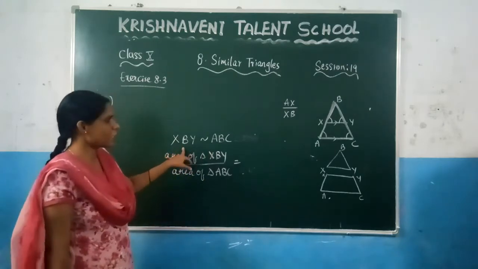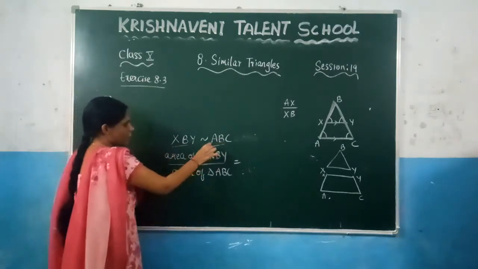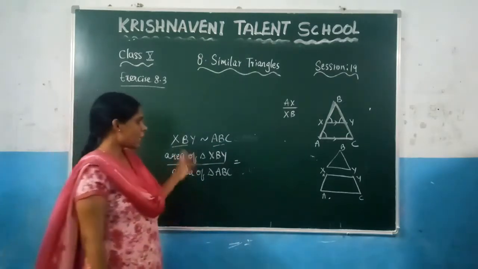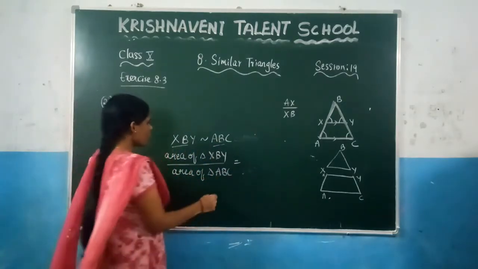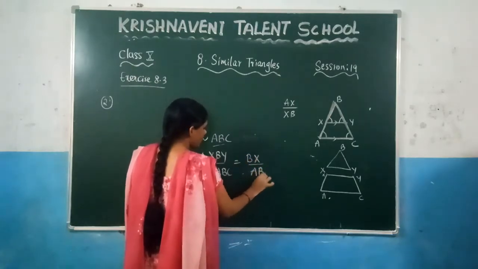So what is the corresponding side of BX, which is nothing but AB. You can take any side. I am taking this side. So you got it here, which is equal to BX by AB whole square.